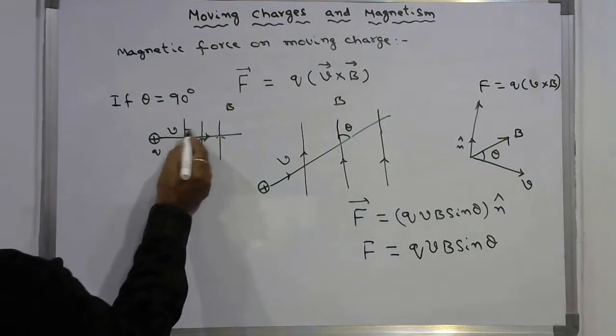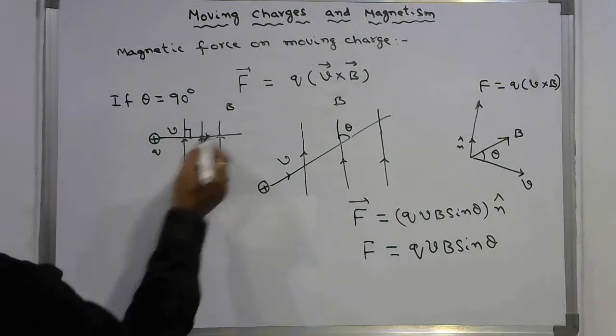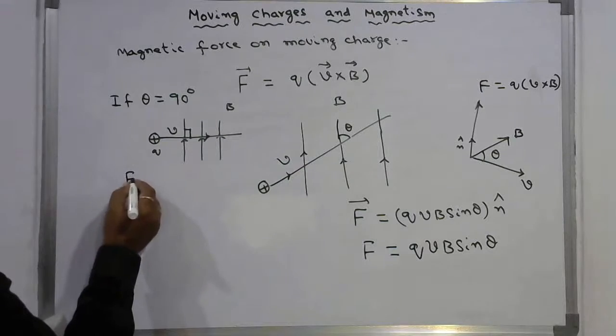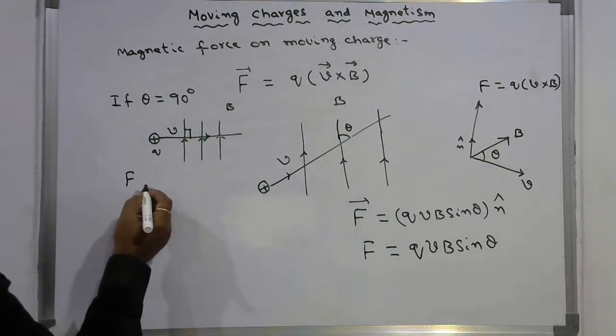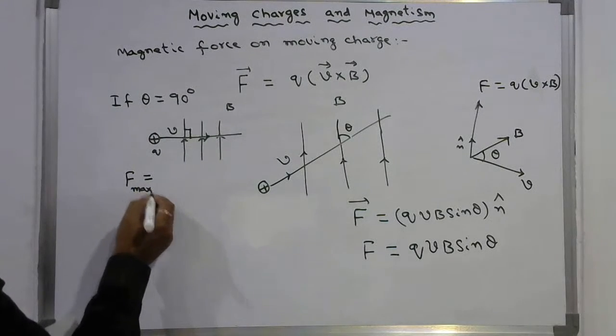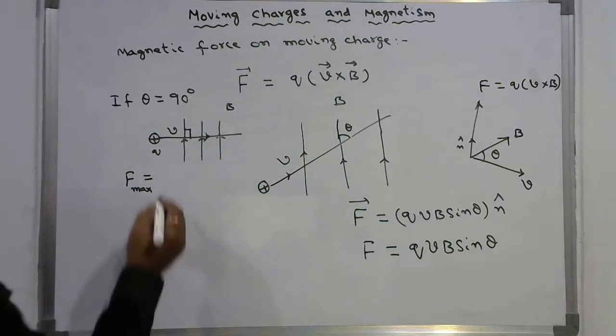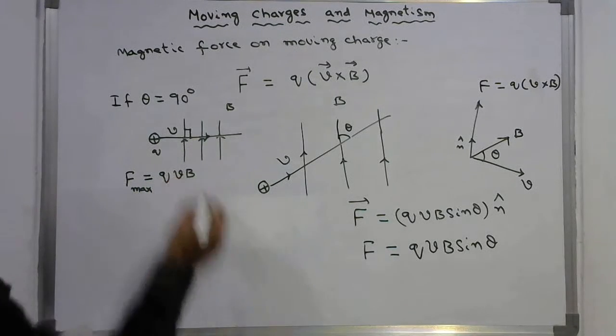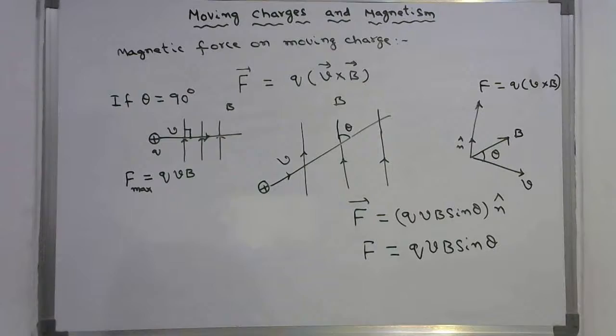So the angle between B and V is 90 degrees. Under this condition, the force experienced by the moving charge is maximum, since sin 90 is 1. Its value is QVB.